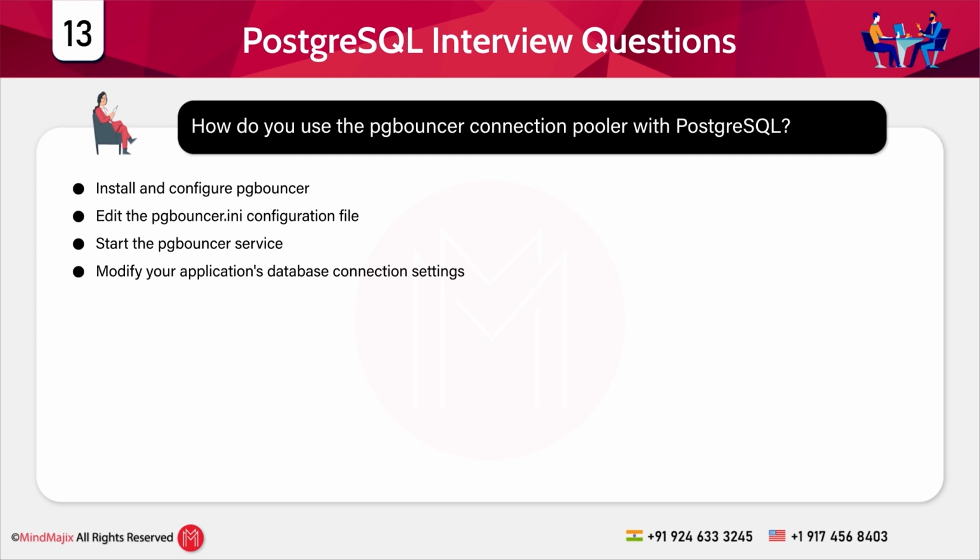It handles connection requests from multiple clients, reuses idle connections and provides more efficient use of database resources. By using pgbouncer, you can achieve connection pooling and load balancing, and this helps to improve the scalability and performance of your application when interacting with a PostgreSQL database.